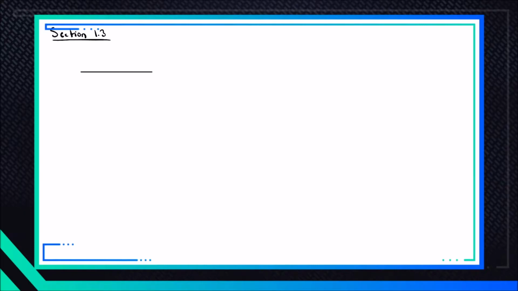So if we draw a segment here from A to B, and we put a point here in the exact center of it. Now, I know that's not the exact center, it's just my drawing, and we call that M. We would say that M is the midpoint of AB.